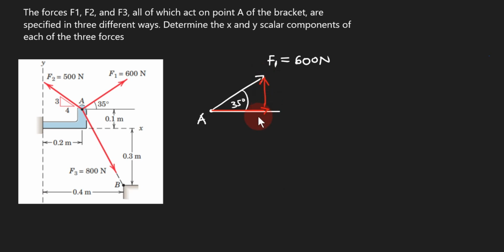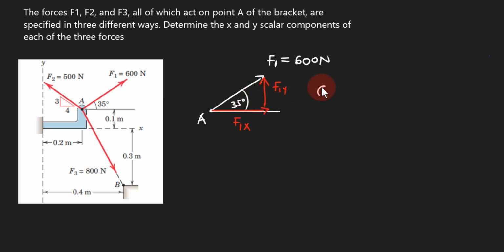This will be the y component, that will be F1y, and then F1x, that will be the x component. So now I have the x and y components of this force, and all you have to do is to find their values. To find the values, I'll first take the cosine of the 35 degrees.